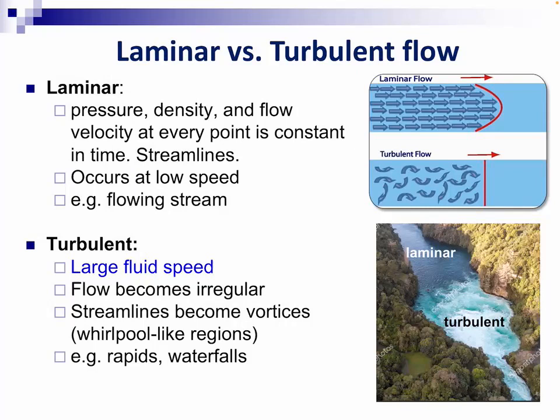In laminar flow, the fluid is flowing at a low speed. So pressure, density, and velocity are constant in time, and you form these streamlines. But in turbulent flow, because of large fluid speeds, you have rapids and vortices.